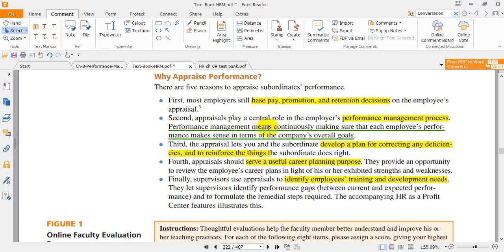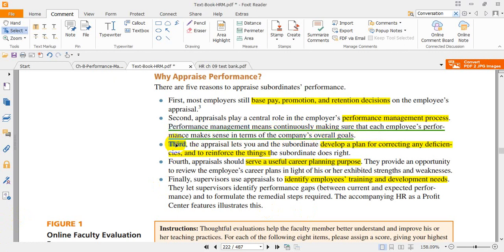Performance management means continuously making sure that each employee's performance makes sense in terms of a company's overall goals. Note here, performance management, not performance appraisal.